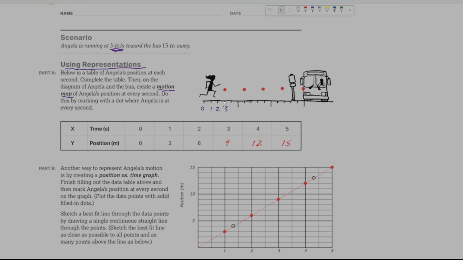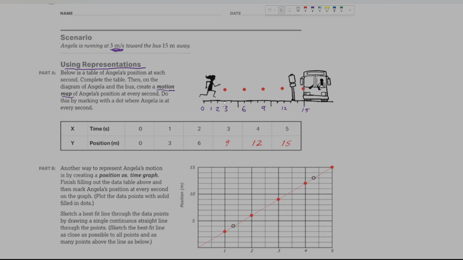For every 3 meters we count off, we can add our little dot, and so we do. I actually think having the numbers down there is going to be helpful, so maybe you should add those, but that's what a motion map is.